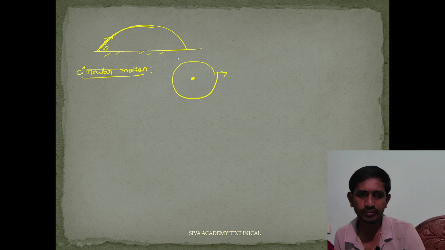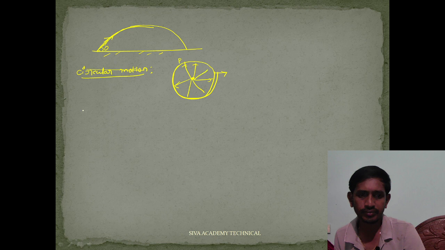So this is the particle P here which follows the circular path about a fixed point. Circular path means the distance from the center point to the circumference of the circle is the same. This is called a circular path.